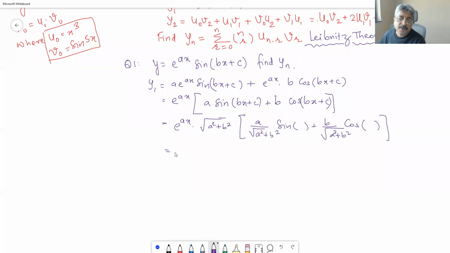That makes it radical a square plus b square e raised to ax. This is sine cos plus cos sine.